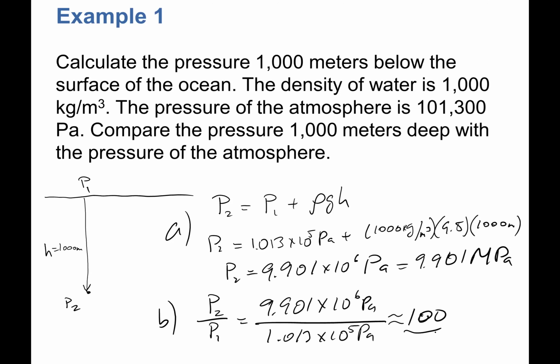That means it's 100 times greater pressure. Let's say if you try to dive to that point 2, you're going to have 100 times the pressure difference compared to the surface.